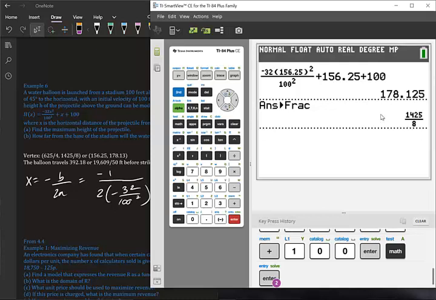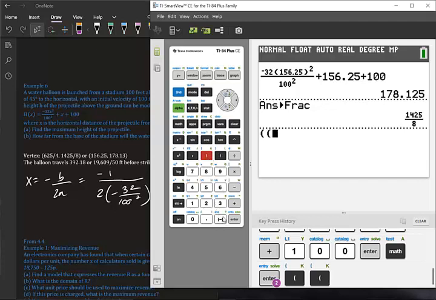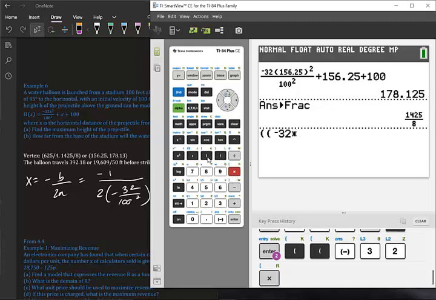If you have an older calculator and can't get the fraction bar, let me help you out. So this is what it would look like. Parentheses, parentheses, negative 32 times 156.25 squared.